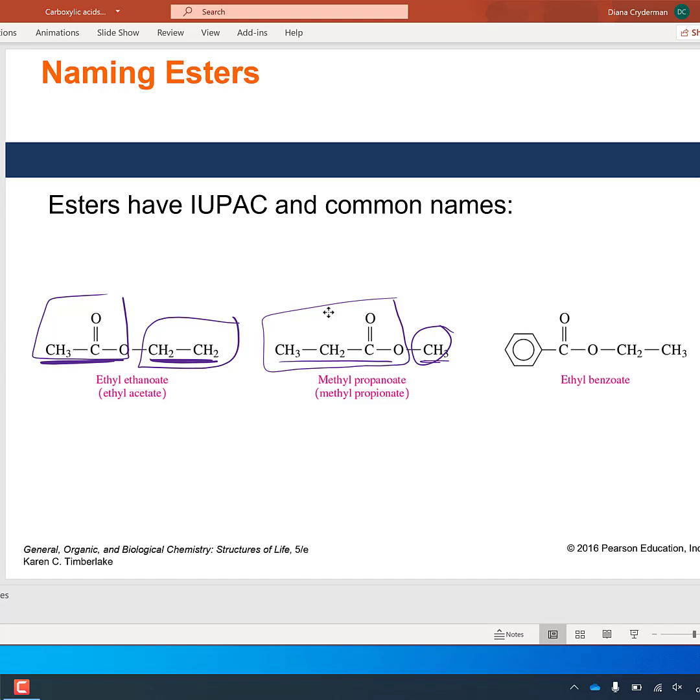This one's a little bit tricky looking, but it's not bad. We've got an ethyl, so 2 carbons, and the carboxylic acid portion was attached to a benzene, so ethyl benzoate. So just by breaking these down into each side of that ester, we can name them appropriately.